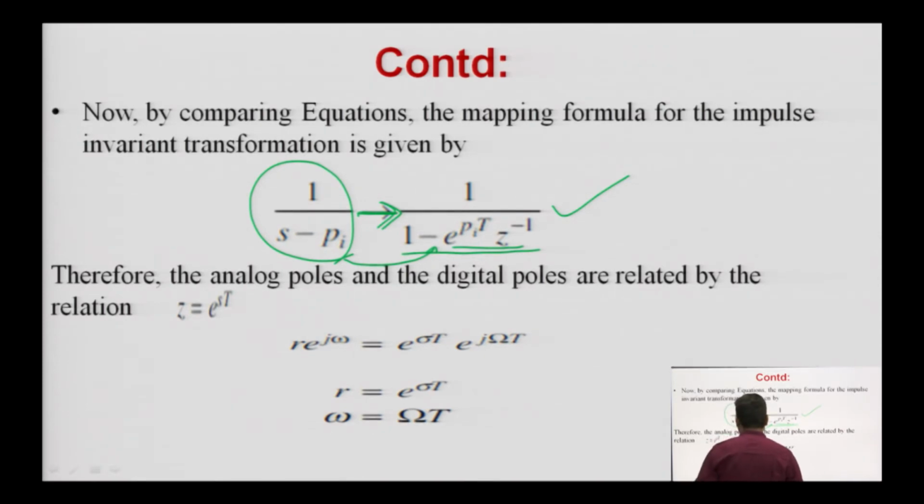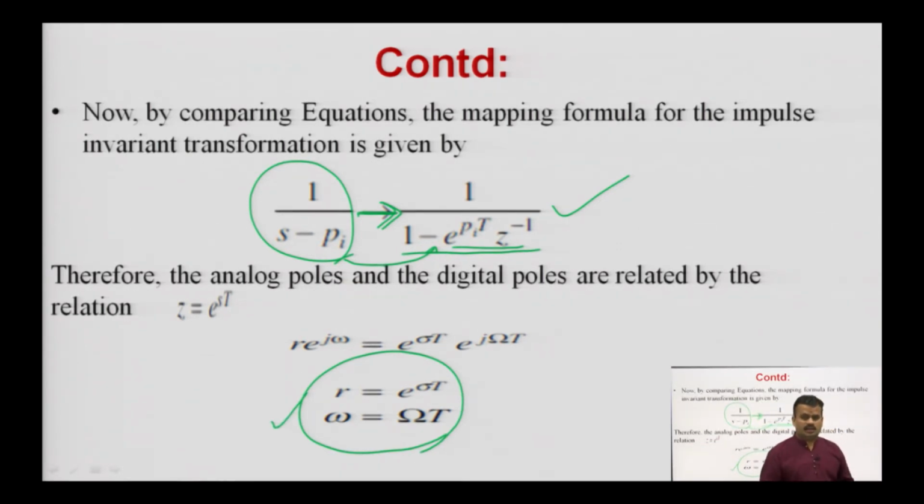Okay. So, here you can see the relation between the analog frequency and digital frequency under this method, that is the impulse invariant transformation method. Generally, in this method 3 formulas are there. First is for the linear factor, second for the cosine, third is for the sine. On the basis of these 3 formulas, you can convert any expression from one to another.